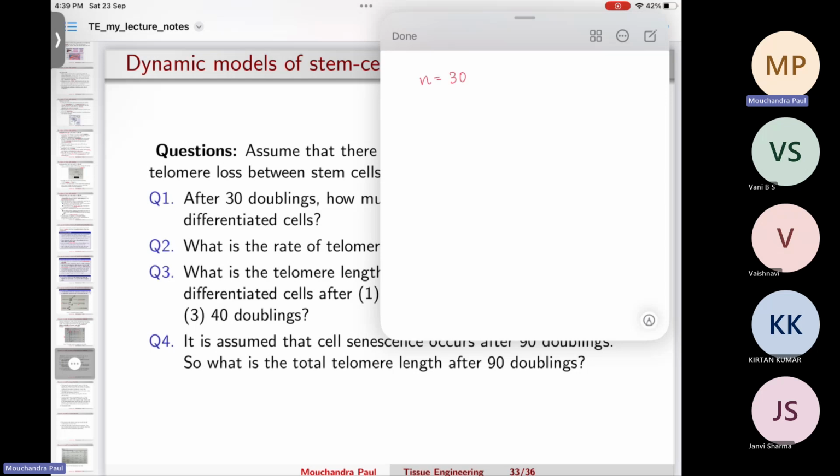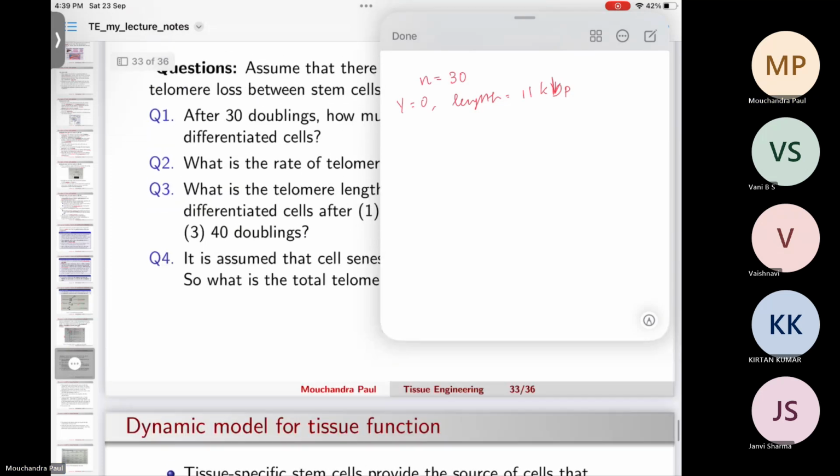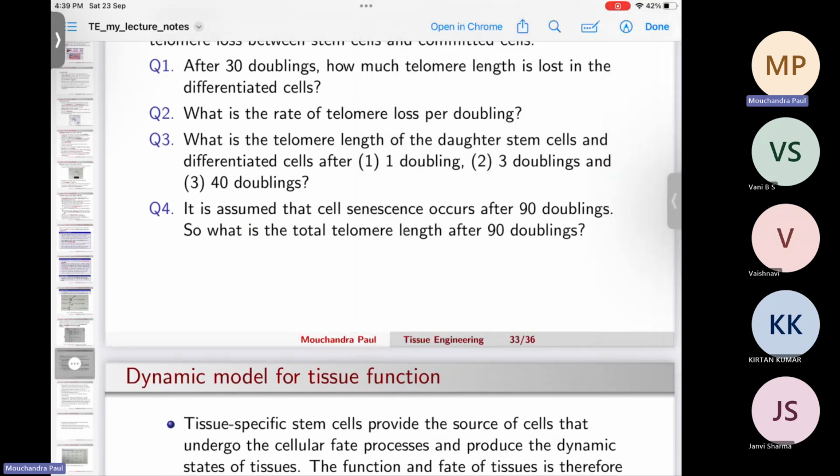And you have to first look into the initial length of the telomere, means at year 0, the telomere length was 11 kilobase pair, right? 11 kilobase pair, and you have to find how much telomere length is lost in the differentiated cells.